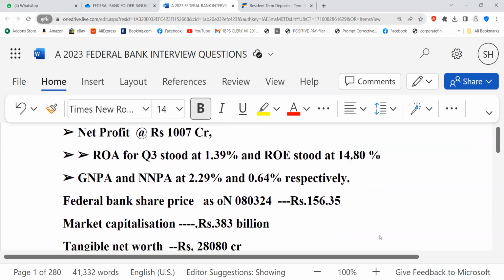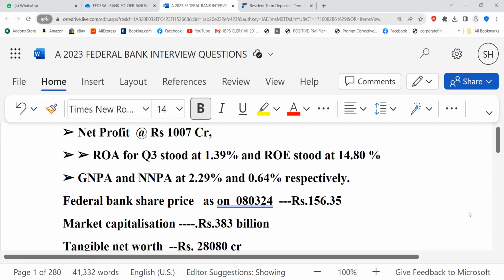Federal Bank share price as on 8th of March 2024 is rupees 156.35, and market capitalization is... Today is what date? Today is 10th March, sir. Sunday, so no market. That rate is correct.